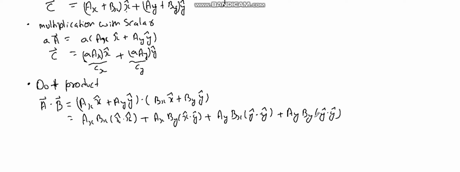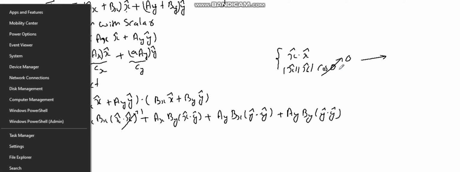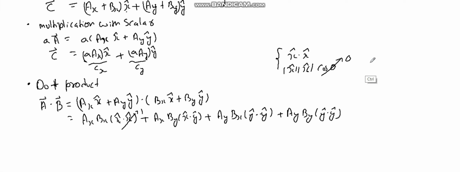This will give 1 because these two are unit vectors, and their dot product is, let's see, x dot x is the magnitude of x times the magnitude of another x times cos theta, and here theta will be 0 degrees because the same vector lies on itself. So it will not give 0, it will give 1, because these two vectors lie on each other and the magnitude is just 1. x dot y will be 0 because x and y are perpendicular to each other, as we have seen above.